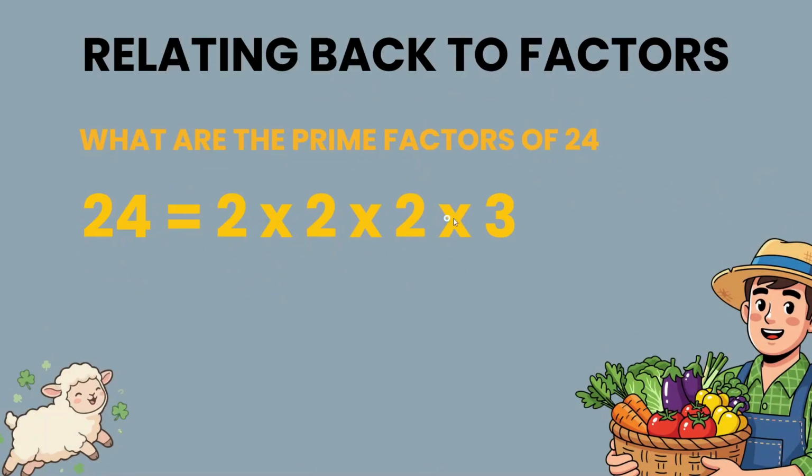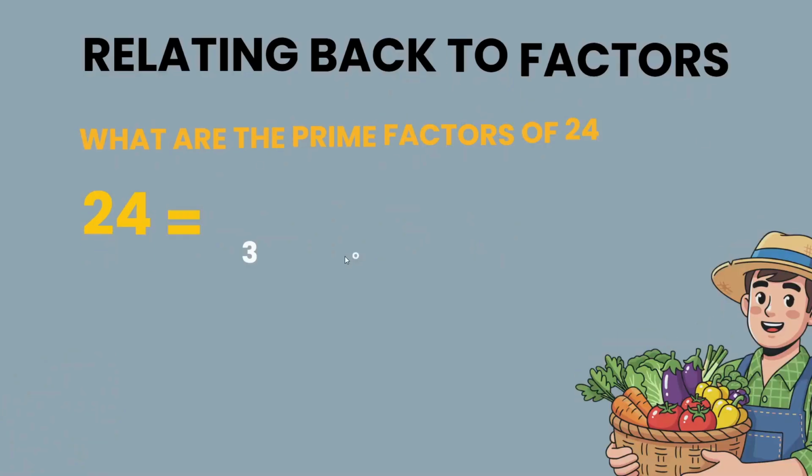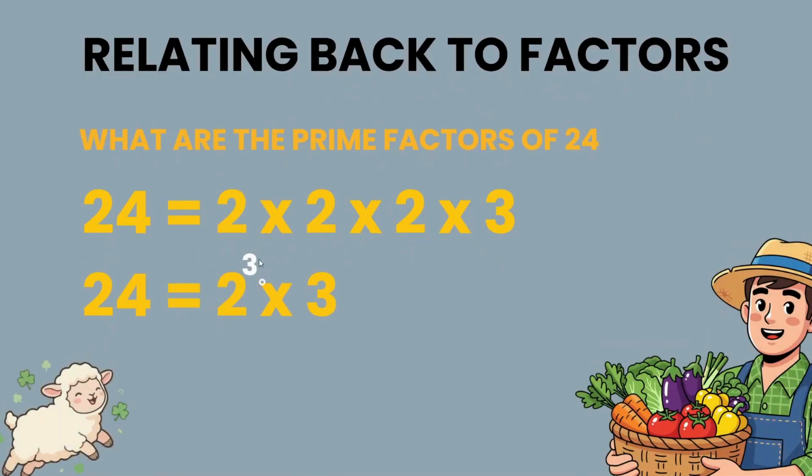Once we write like this, you realize that these 2s are repeating. Can we combine these 2s and write them in index notation? We can. It will be 2 to the power of 3, because there are 3 of them. If you write like this, it's shorter.